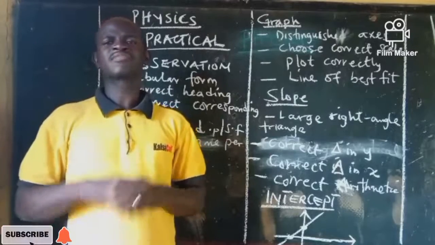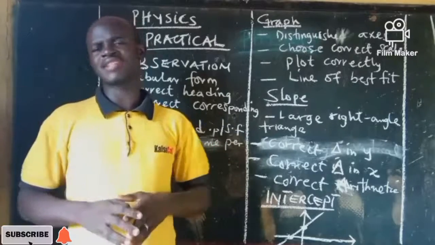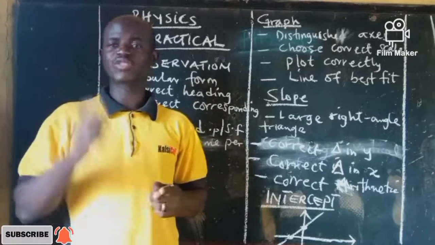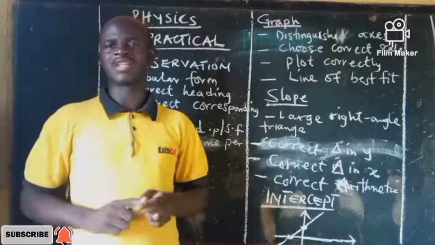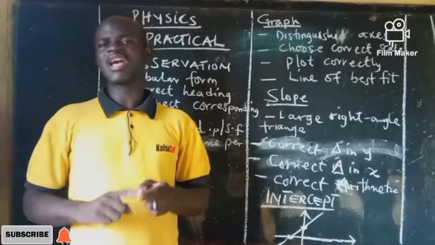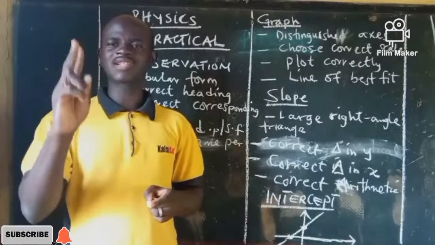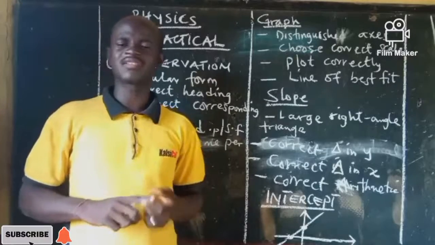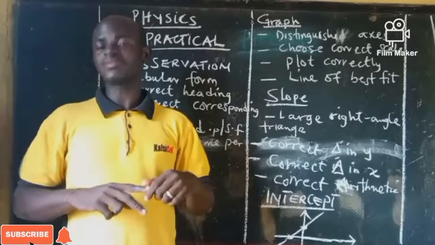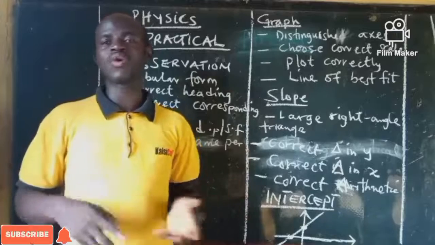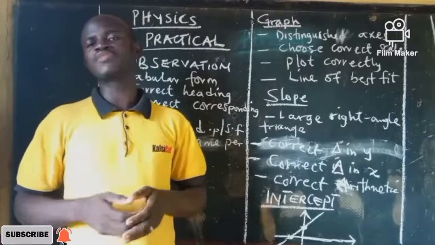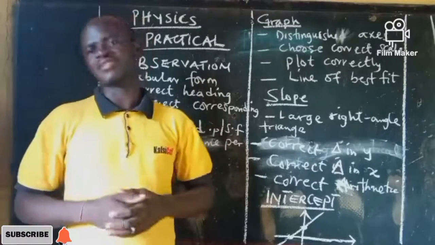What do I mean? Number one, we all know that 3 questions will be given to every candidate as WAEC and NECO are concerned. Every candidate must answer 2 of these 3 questions. Question 1 is always from mechanics. Question 2 is at times light or heat, and question 3 is always from electricity.